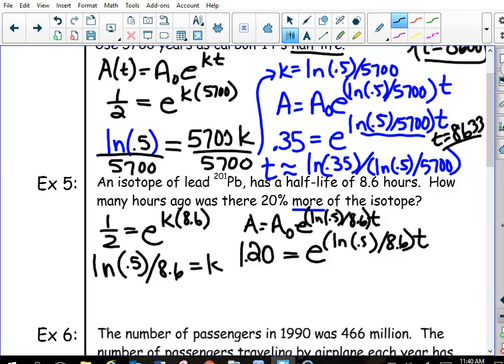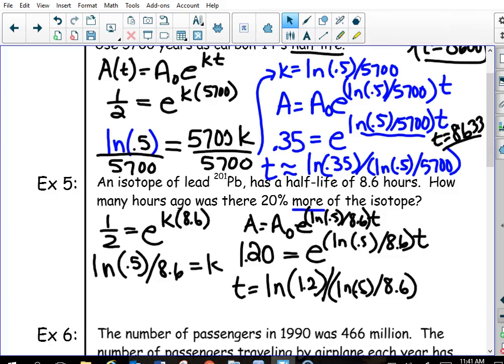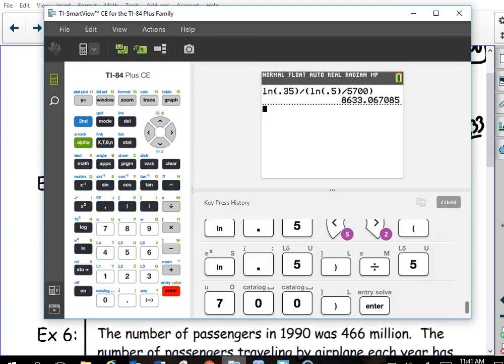So if I take the natural log of both sides, I'm going to get t is equal to ln of 1.2 divided by ln of 0.5 divided by 8.6. So do the calculator, 1.2, 0.5, 8.6.